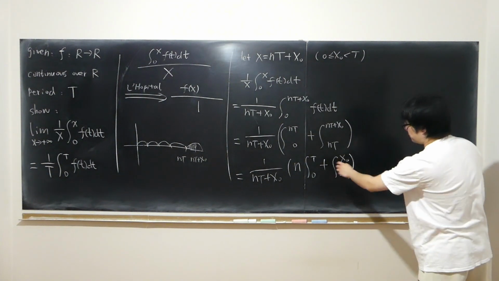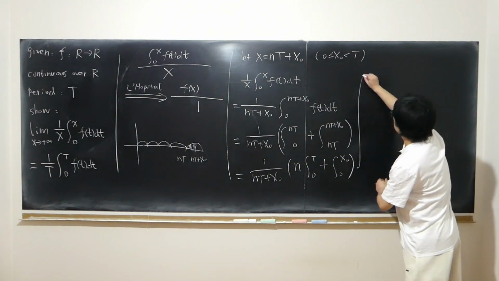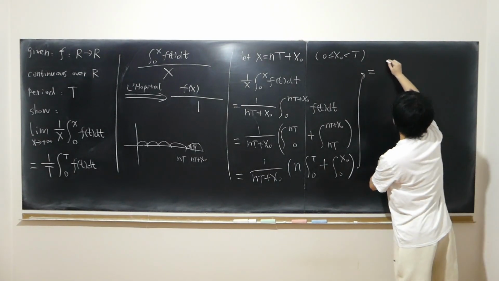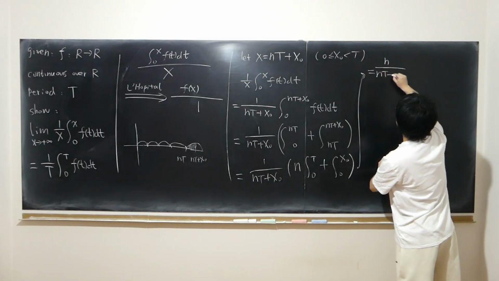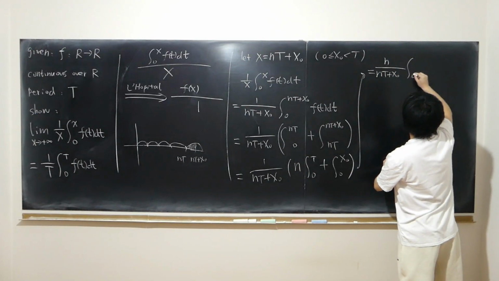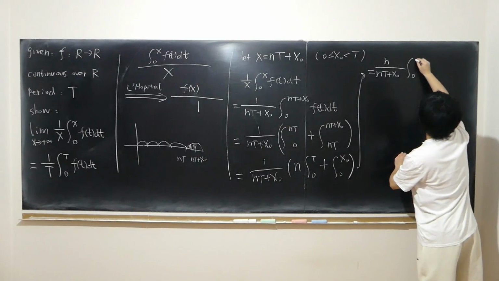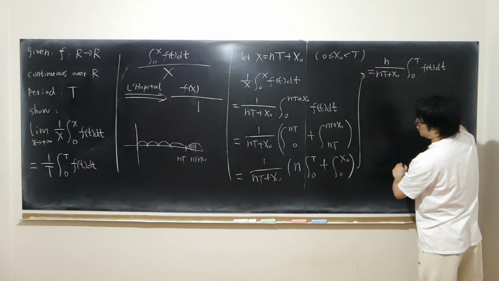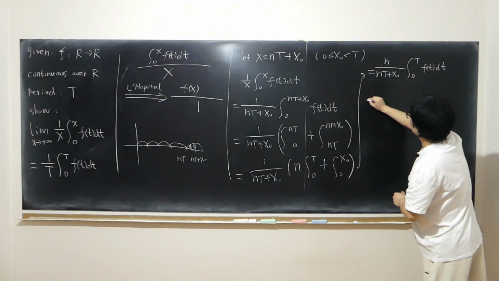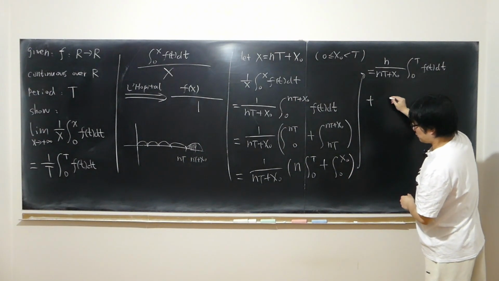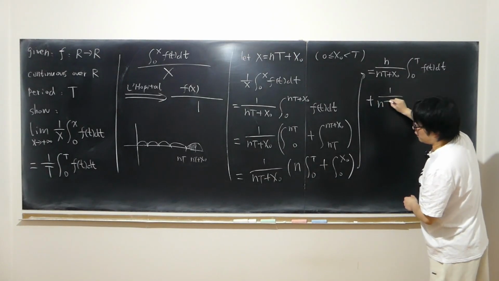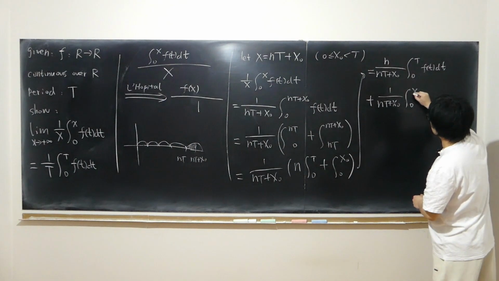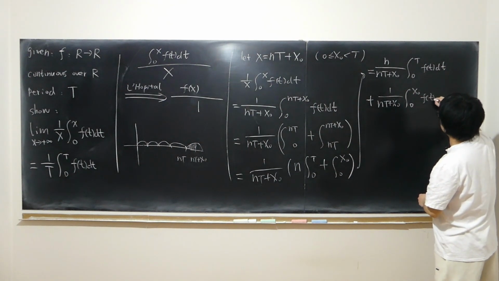So up to here, we just multiply it out: n over nT plus x naught times the integral of 0 to T, f of t dt, plus 1 over nT plus x naught times the integral from 0 to x naught of f of t dt.